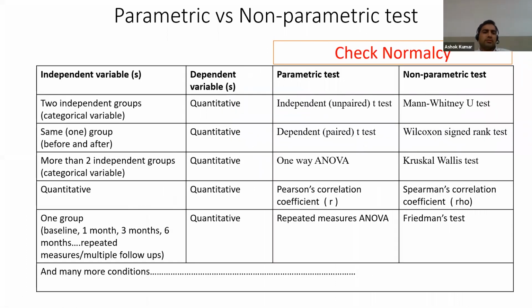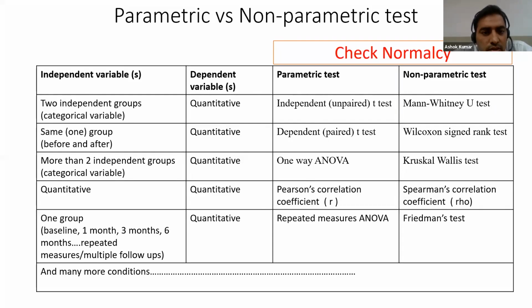Next slide: parametric versus non-parametric test. Whenever you are going to analyze your data, you have to keep this slide in your mind. What are my independent variable and its type? This is in two groups, same group, more than two groups, quantitative independent, or one group with repeated measures.